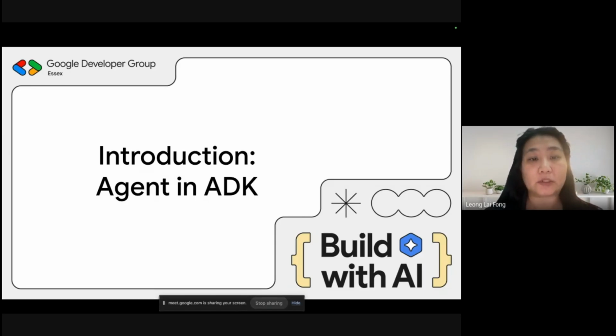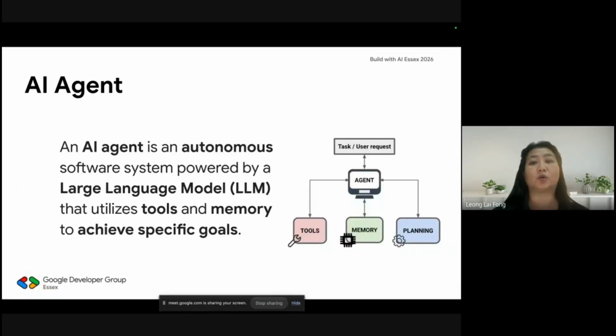So now let's look into the agent in ADK introductions. What is an AI agent? If you are very new to AI agent or agentic AI, let's do a quick recap. But if you are familiar already, it's always good to check again or share your opinion on this. An AI agent is basically an autonomous application with 4 components.